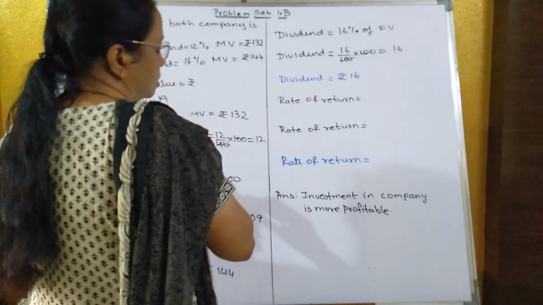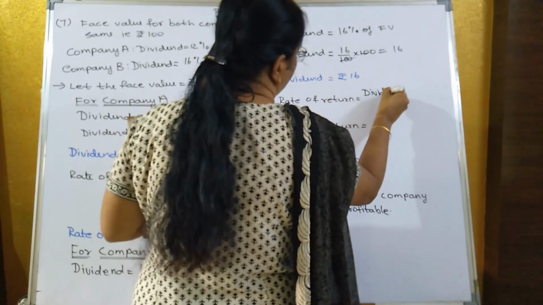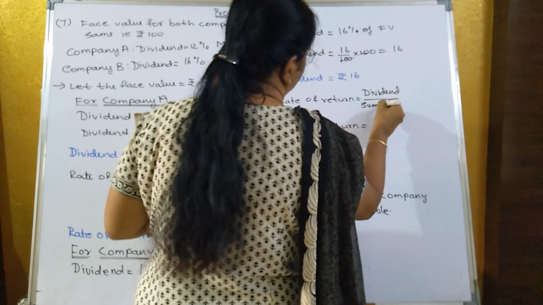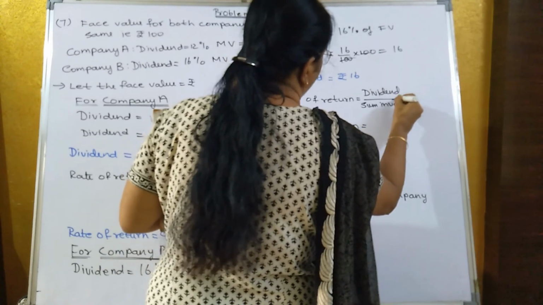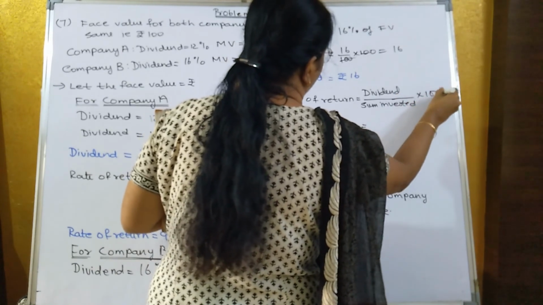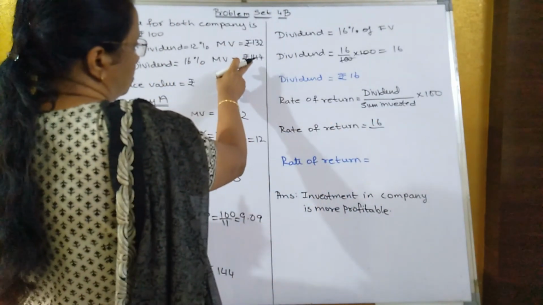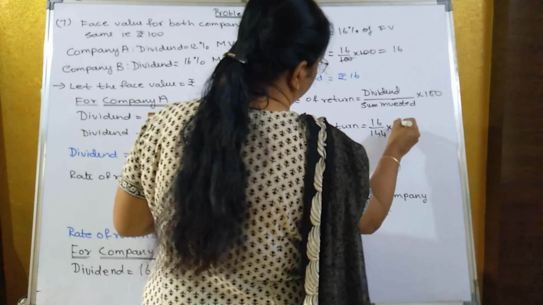Rate of return is dividend upon sum invested into 100. Dividend is 16, sum invested is 144, into 100.